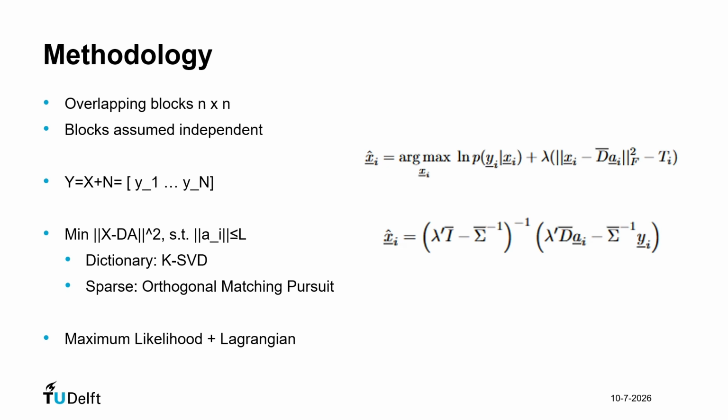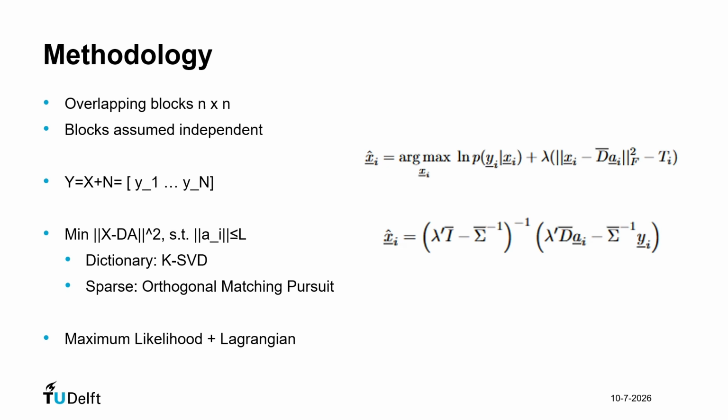And since we don't know X, we will have to estimate it, and we will do that using a maximum likelihood estimator combined with the Lagrangian to make X subject to the minimization constraint imposed by the dictionary learning. And because of the independence, we can do it locally on each block individually.